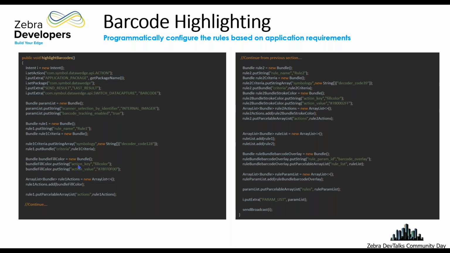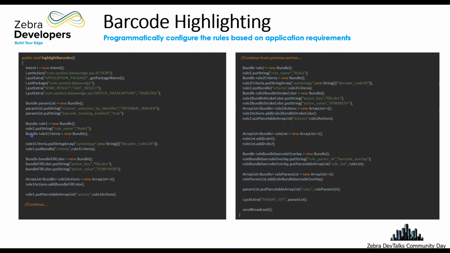So then we configure all the rules that we now want. So bundles will need to be created for each rule. So this is the rule 1, and we are setting the symbology criteria, and we are adding code 128 here.